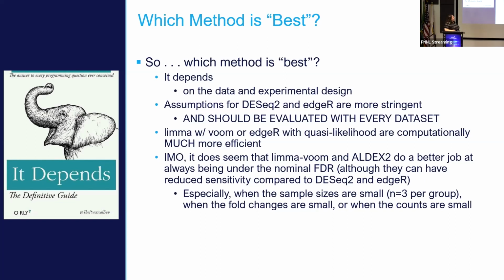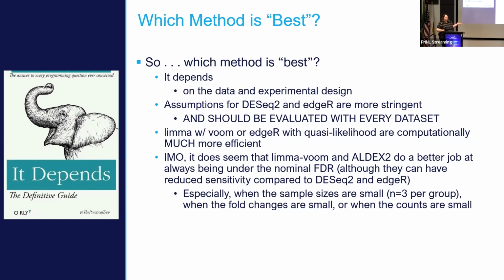The methods that are more like lemma VUM and ALDEX, a lot of literature says they do a really good job at being under whatever you set your false discovery rate at. So meaning you're not going to get a bunch of false discoveries. However, if you remember, I think Javi and Damon were talking about this earlier in the week, less false discoveries come at the price of less true discoveries too.